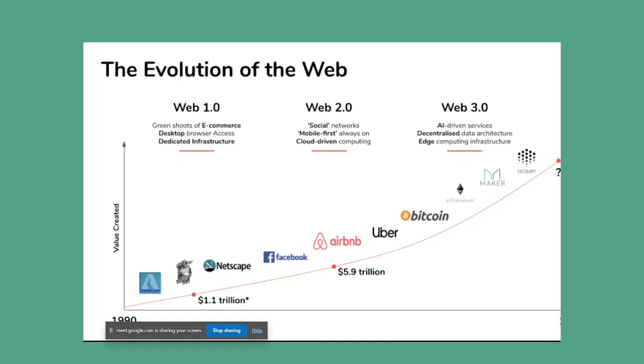Due to that, you can now see the reason why at Web3 we are having a sharp curve, even in terms of value created by these technologies. But back to the evolution itself.